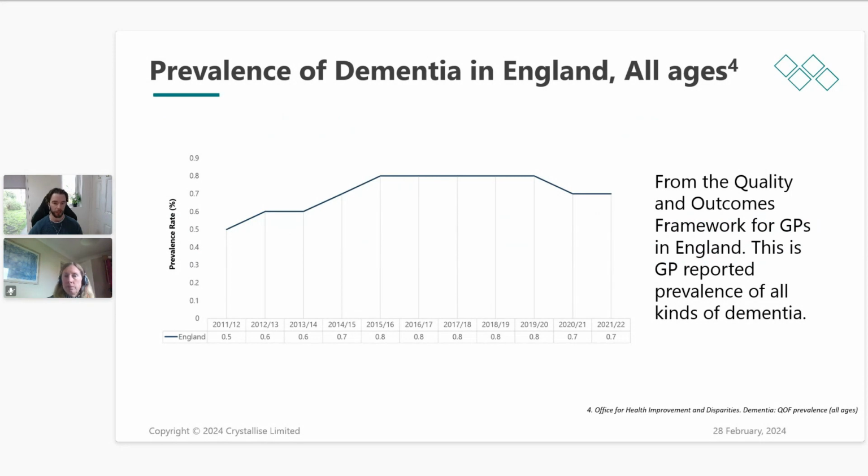And we can see here a short period of data from 2011 onwards that shows the prevalence rate of dementia increasing over time, plateauing, flattening out, and in the period of the pandemic, we've seen a slight drop in the prevalence rate. Now, these rates are not age standardized, so we can see in the early period that increase can generally be attributed to an aging population, if you like.